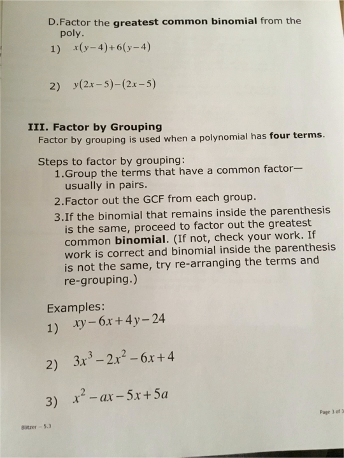So factor out the greatest common binomial from each of these polynomials. All right, so check it out. Each of these, let's look at number 1. They have what in common? They have y minus 4 in common.